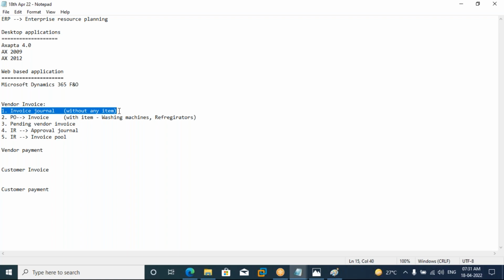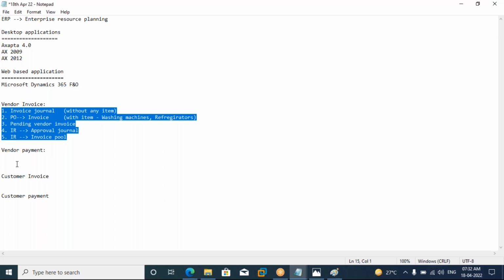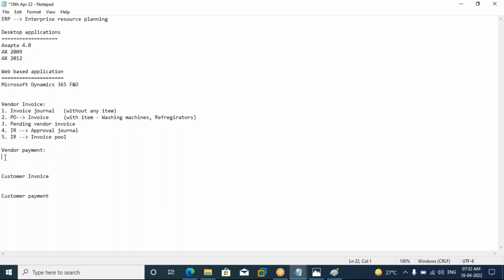Next, vendor payment means once you have received material, I need to do the payment. Actually, there is only one scenario, and in the system it is only one screen, but there are 3 different ways we can do it.